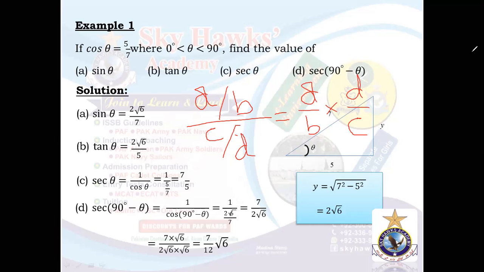So in this way, look at this. We have 1 over 1, I am saying 1 over 1, and then 5 over 7. Now 1 over 1 into 7 over 5. Are you getting this? So that's why we have 7 over 5 over here.